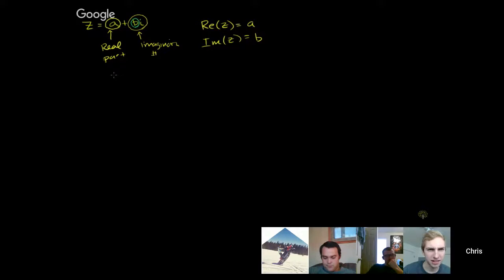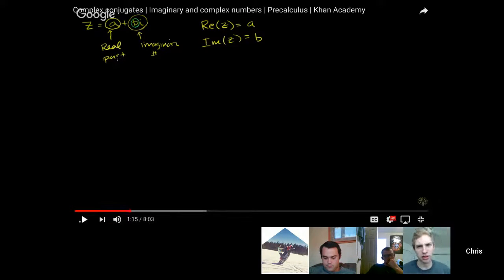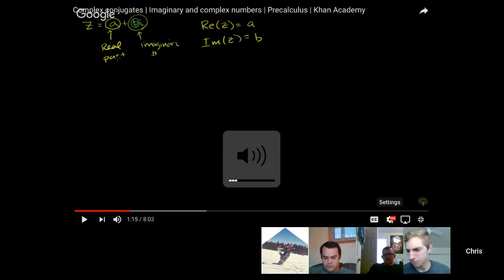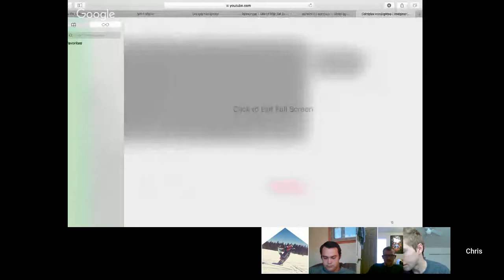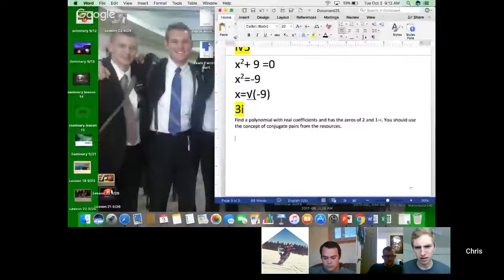Wait, can you pause it so we can follow along with what's the actual problem? 1 plus 2i would equal z. Okay, wait, 1 minus i and 2. 2 would equal a. And 1 minus i would equal b.